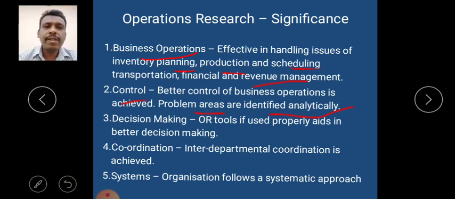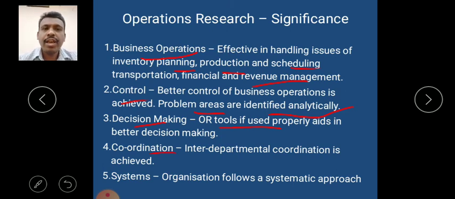Third one, it helps you in decision making. It will help you to quantify your problems. You take decisions based upon various alternatives that it gives in an analytical way or quantifiable way. So OR tools are used to help managers in decision making. Informed decision making can be done through it.